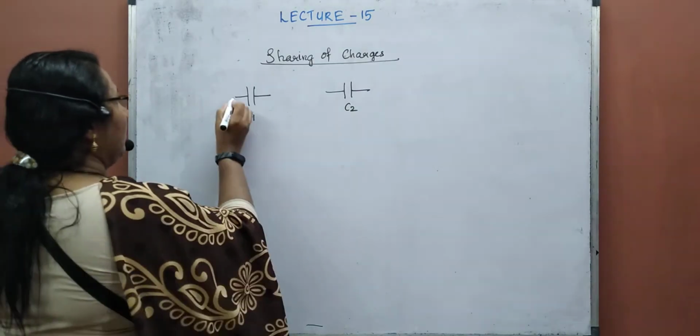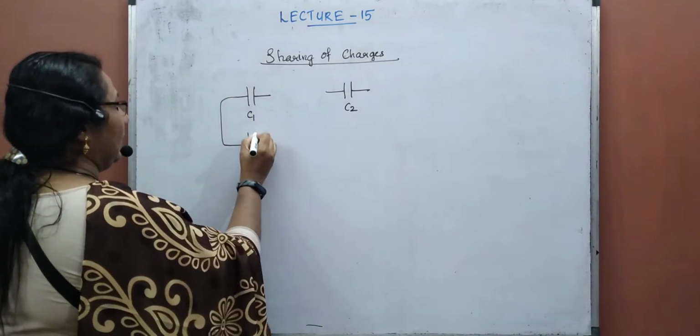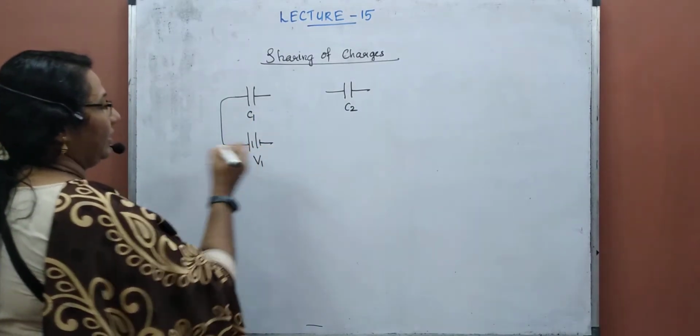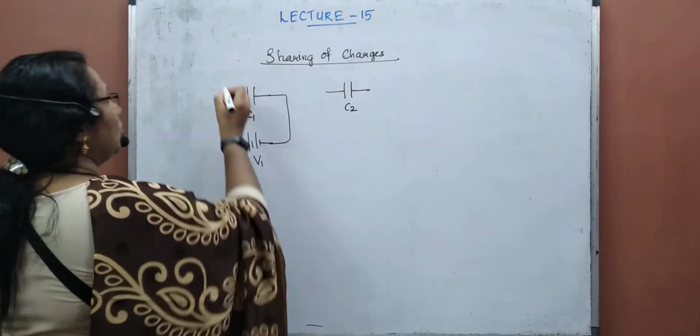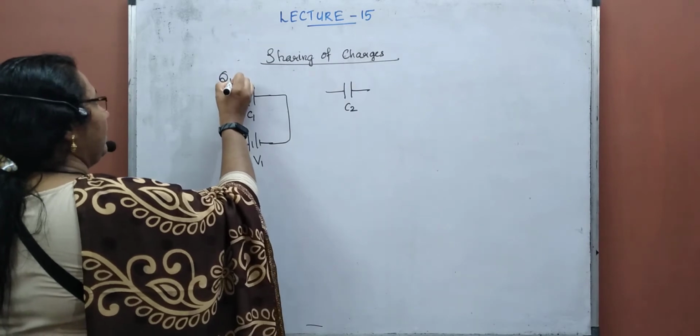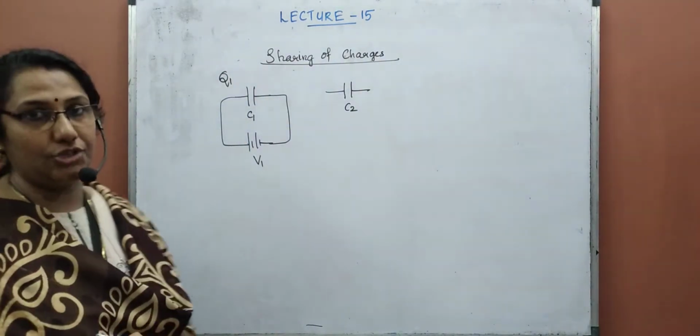The first is at first connected to a battery of potential V1 and the circuit is closed, so that due to this potential V1, it stores a charge Q1.